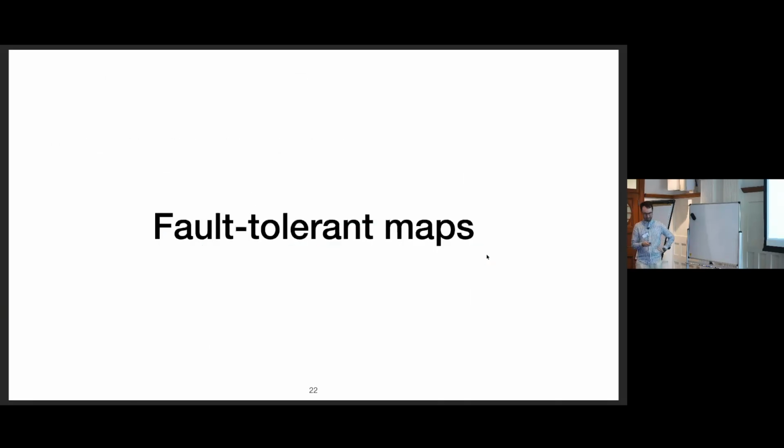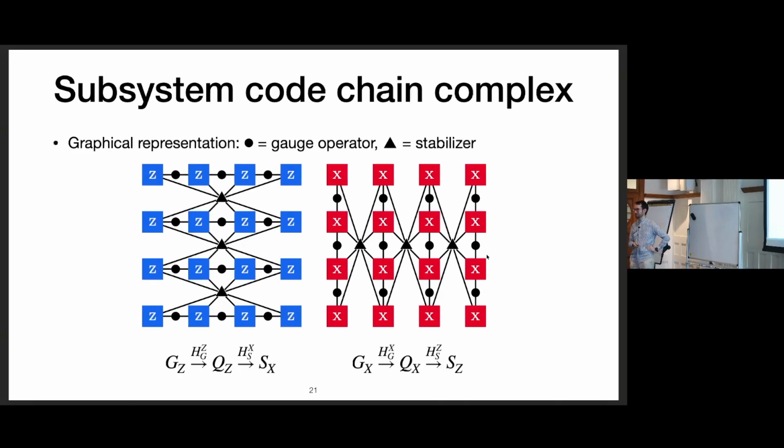Okay, are there any questions about this part? Yeah? Earlier you said that not all chain complexes can be represented in this form, but can't I just put the stabilizer matrix on either side, and then wouldn't that give the form?